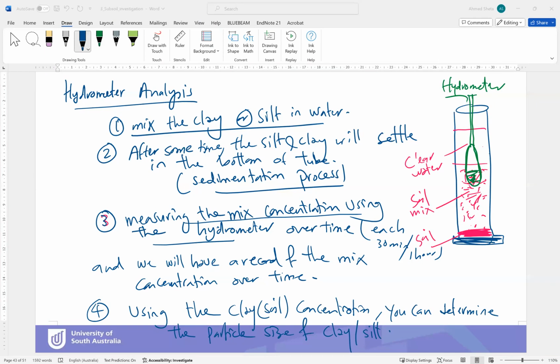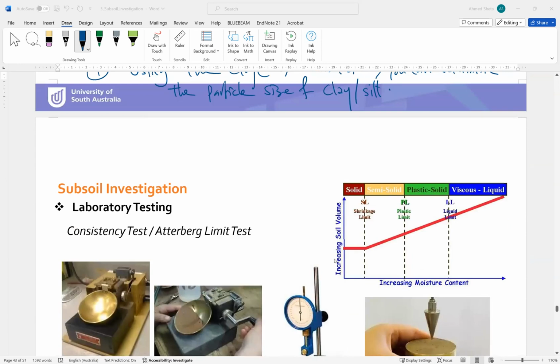And now we can jump to the next testing, which is the consistency test or Atterberg limit test.